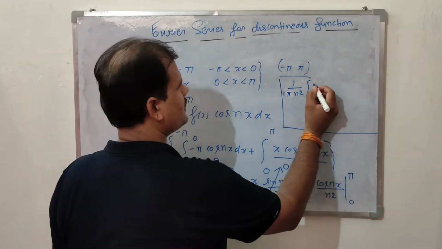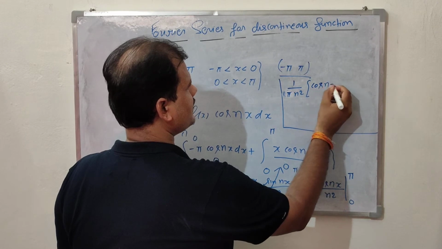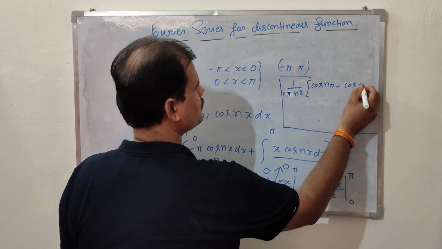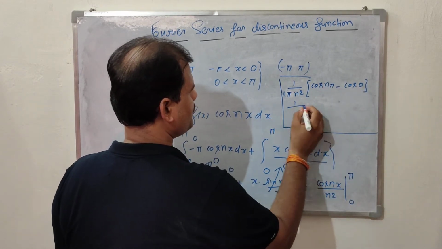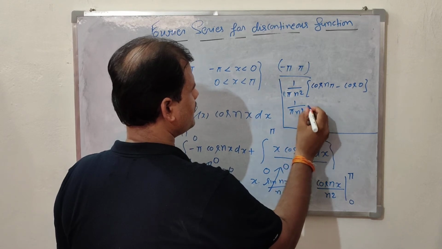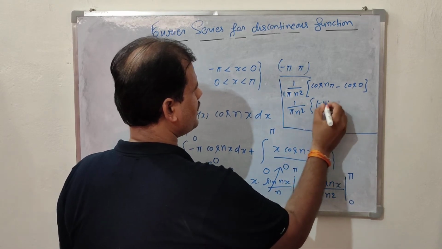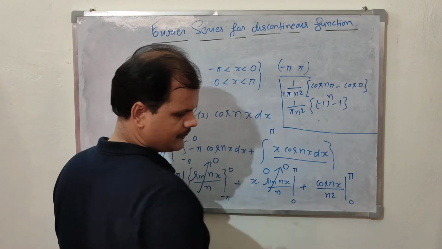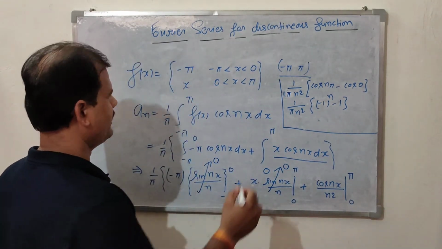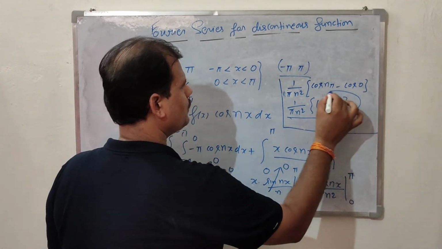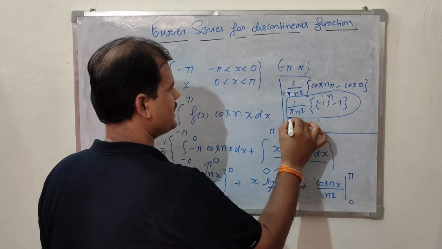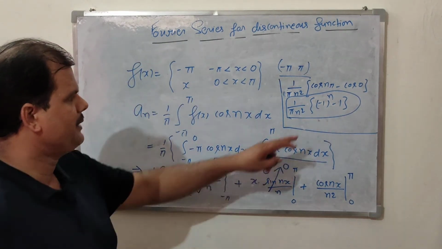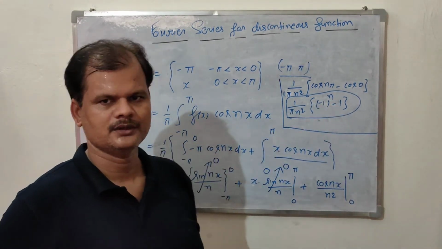So cos n pi minus cos 0, so this will be 1 upon pi n square and minus 1 power n minus 1. So this is your an. So an equal to 1 by pi n square and minus 1 power n minus 1.